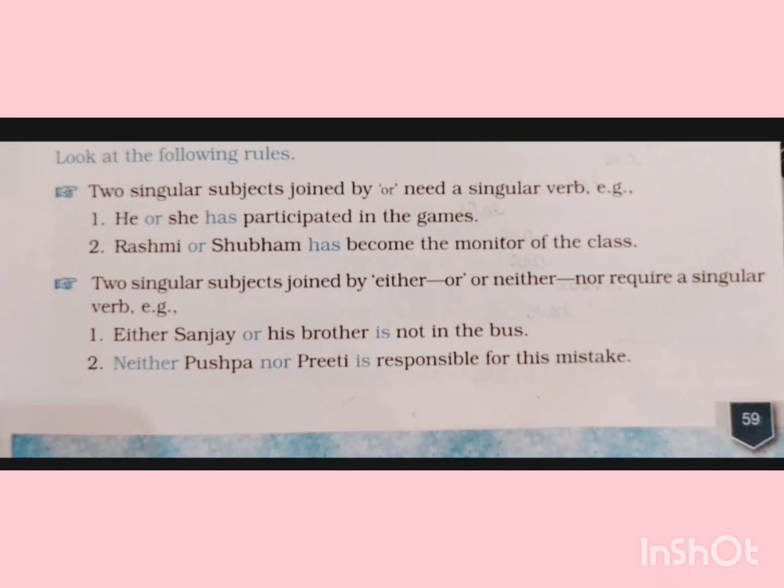So in this case also we will use a singular verb, that is, is not in the bus. Neither Pushpa nor Preeti is responsible for his mistake. Again, these are joined by neither and nor, and in that case also we will use a singular verb, that is, is.